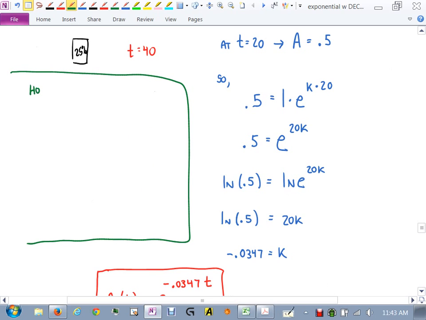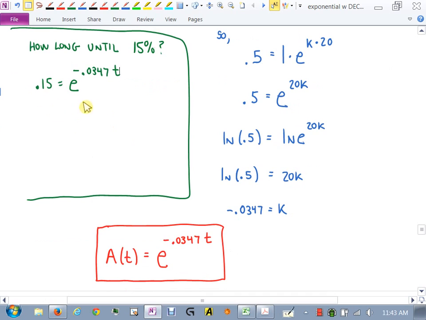So how long until 15% means we want 0.15 to be equal to e to the negative 0.0347 t.